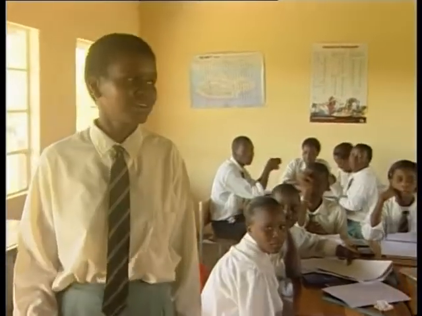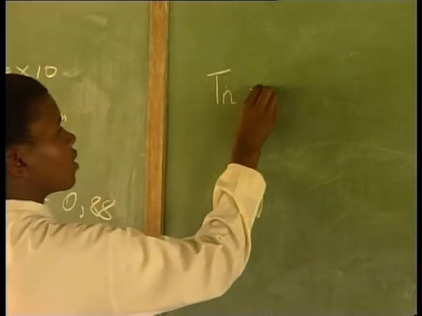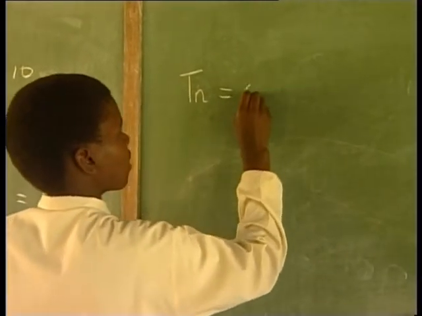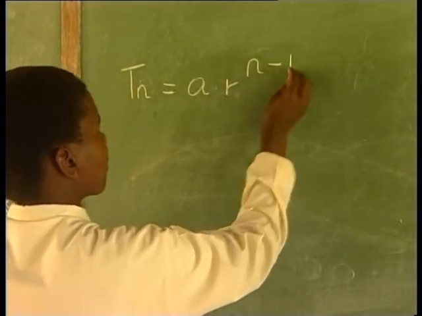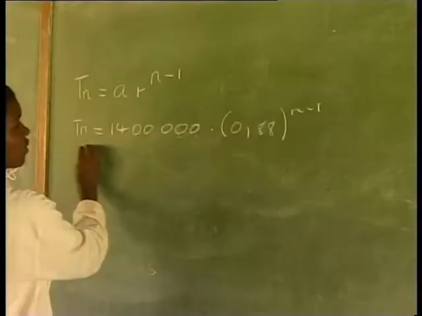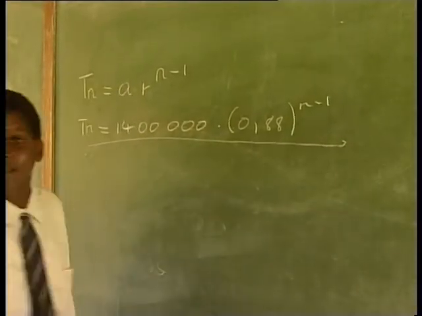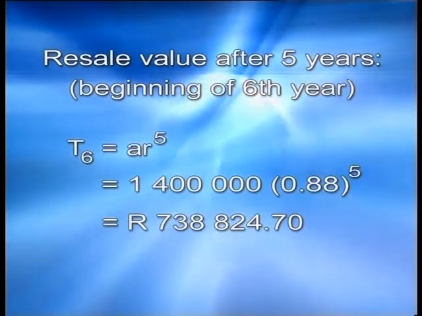Having established the common ratio from the formula for depreciation, the learners can now use the general geometric term to answer the questions on the worksheet. The general geometric term is used to first calculate the value of the cars after 5 years.